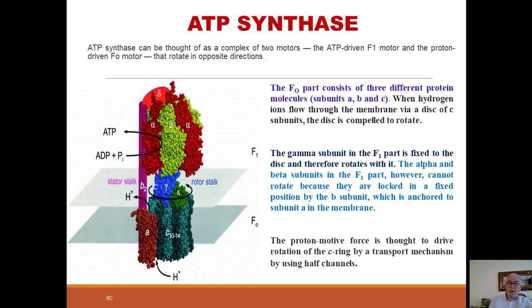When hydrogen ions, protons, flow through the membrane via the C subunit, the subunit is compelled to rotate. We don't know the full structure of the A subunit or C subunit, but we know that there is an access channel for protons on the A subunit ring in the intermembrane space. And the protons flow in and out from the interface of the C ring system and the A subunit.